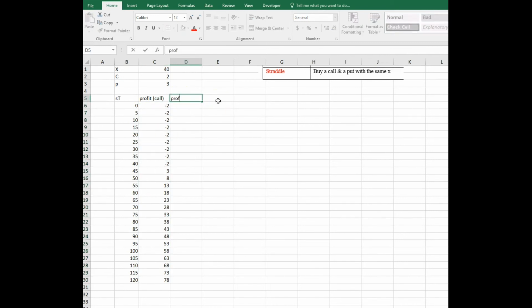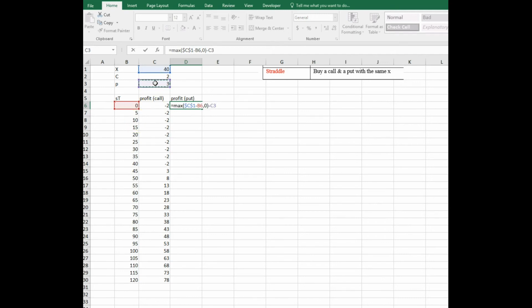So this is profit for a put. Its payoff for the put option is exercise price, hit F4, minus terminal stock price, comma 0, minus initial investment.